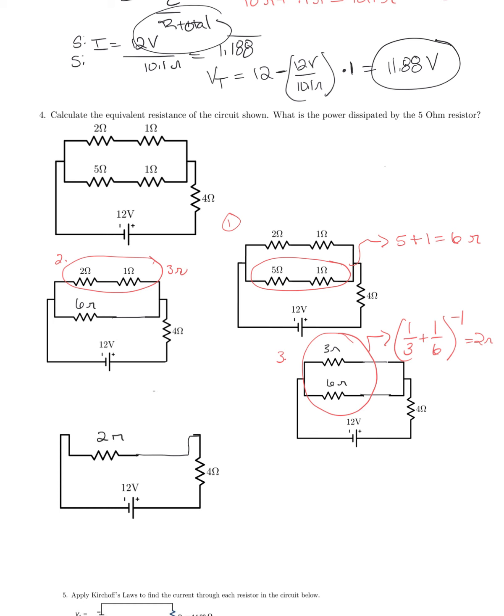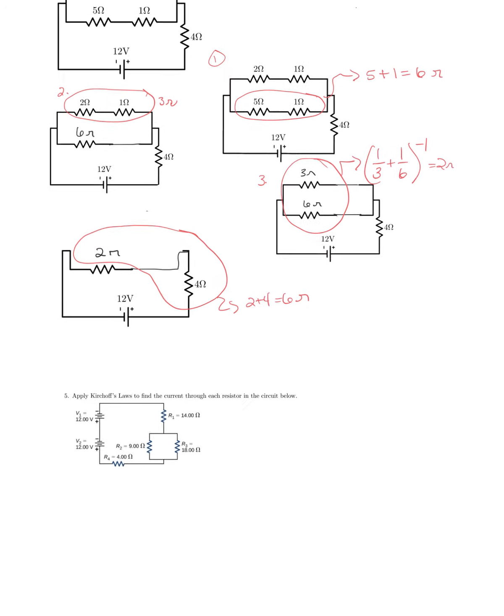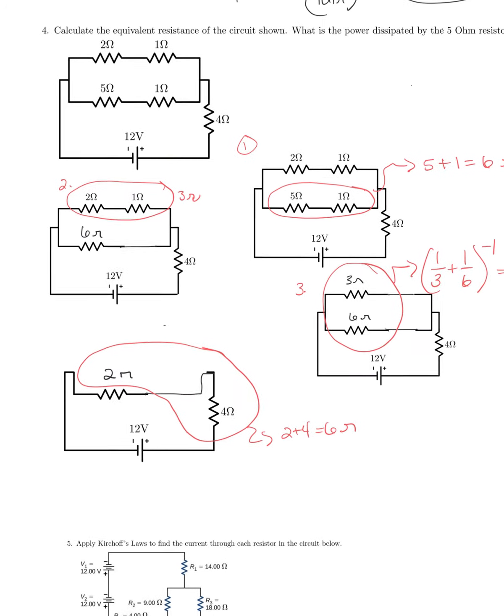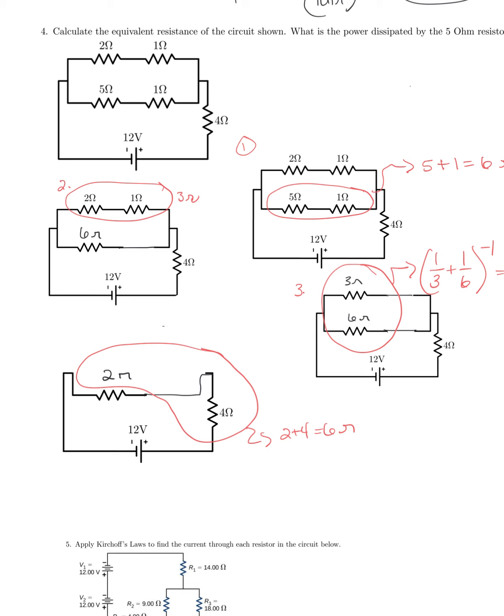And now we have these guys in series. Let me do that in red. And since they're in series, we can just add them linearly. So we have 2 plus 4 ohms, which equals 6 ohms. And we're going to redraw the circuit.